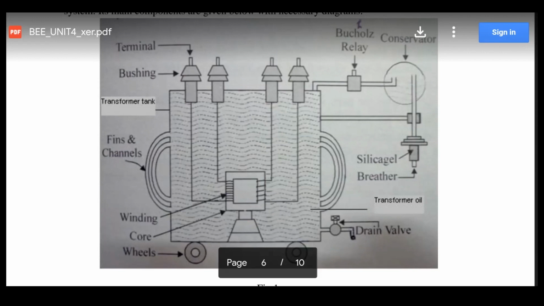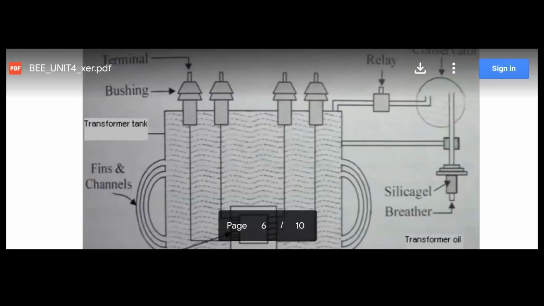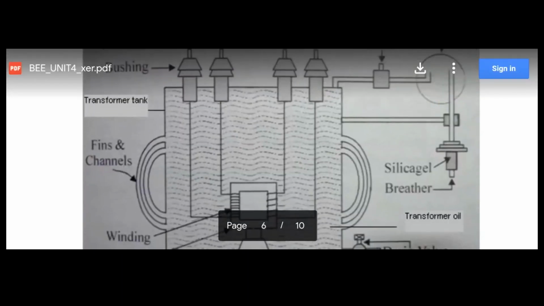Okay, at the bottom right you can again see this drain valve. So what is the purpose of this drain valve? As and when this transformer oil is degraded, it is not fit for use, so it is changed.